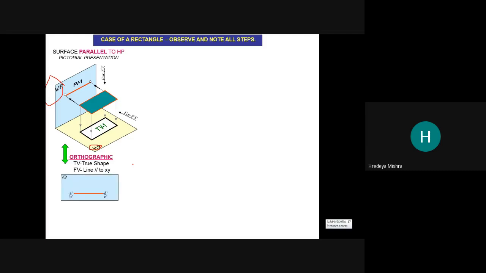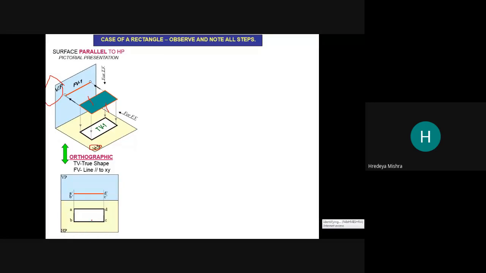See, in the VP, the vertical plane, we get A, B, C, D like that. A and B are the same point and D and C are the same point, because this edge and this edge overlap each other, so in the vertical plane we get only a line.